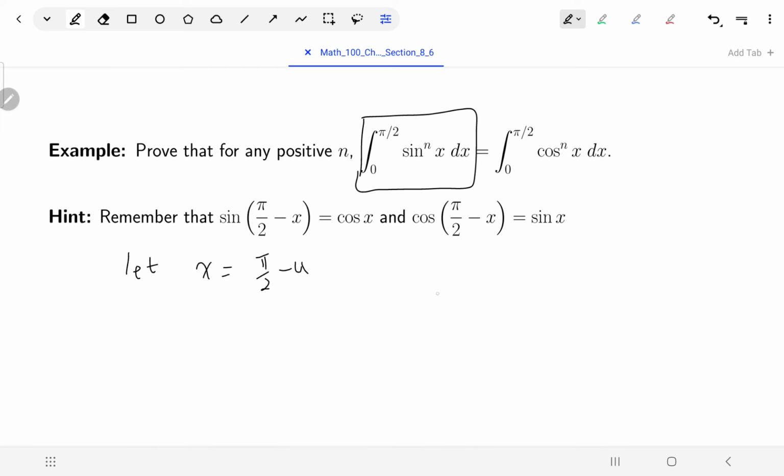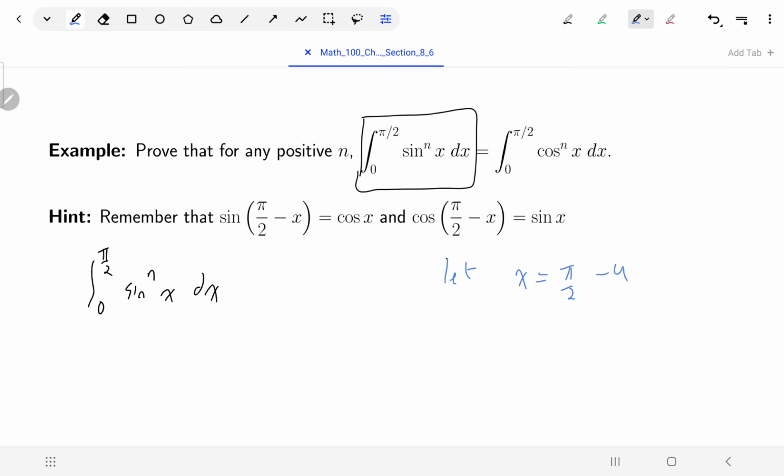Start with my definite integral from 0 to pi over 2 of sine^n of x dx. And we said for our substitution, we're going to let x be replaced with pi over 2 minus u.